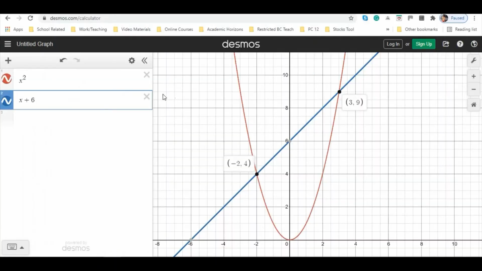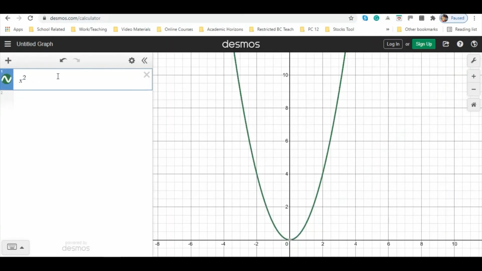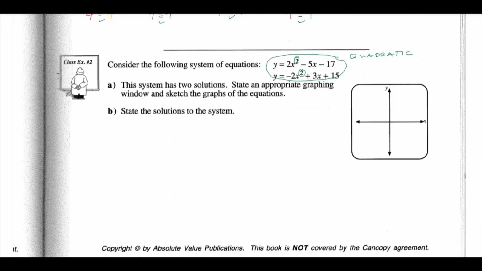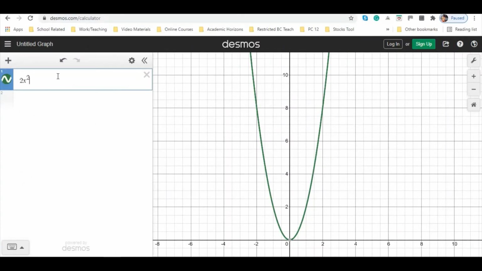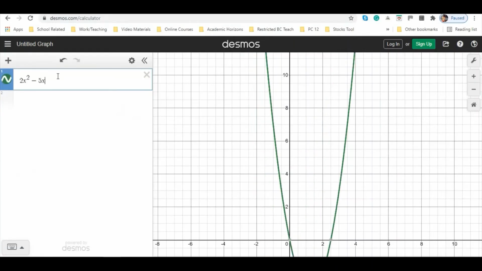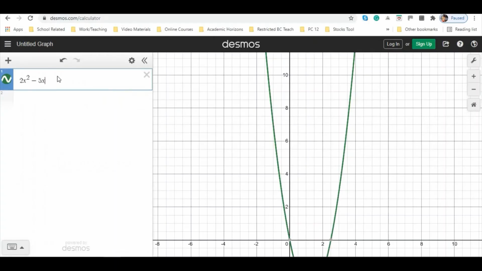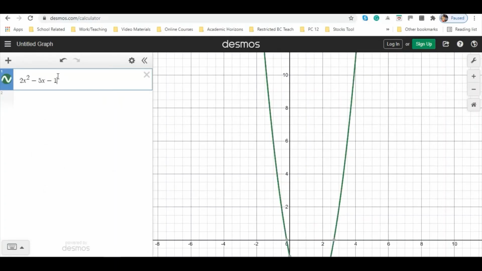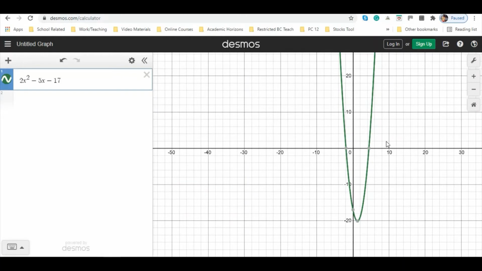So the first one is 2x squared, and then negative 5x, minus 5x minus 17. Okay, so this is your first quadratic function.